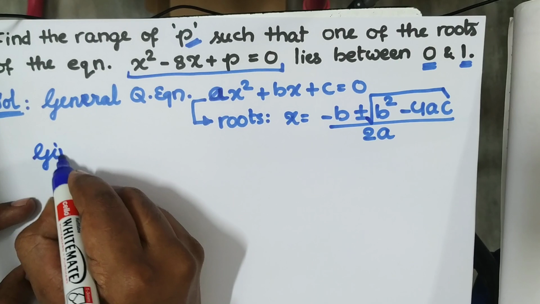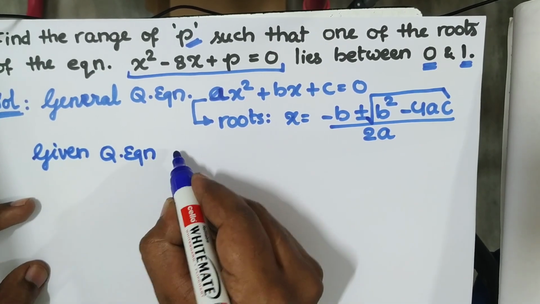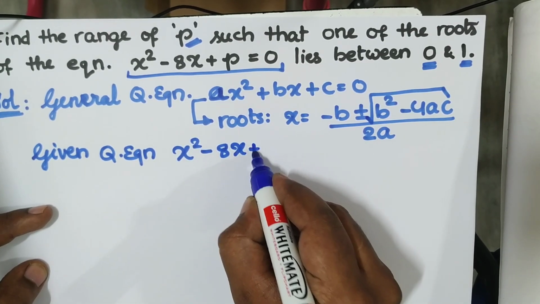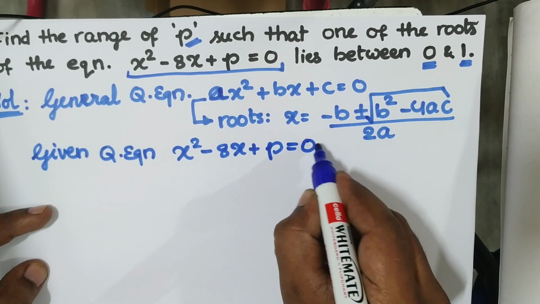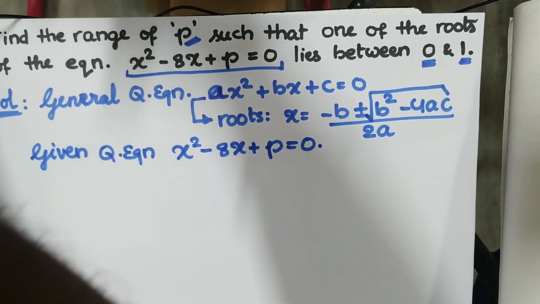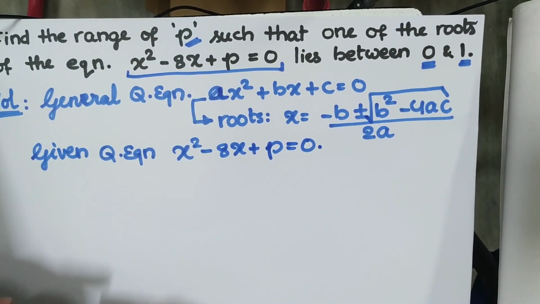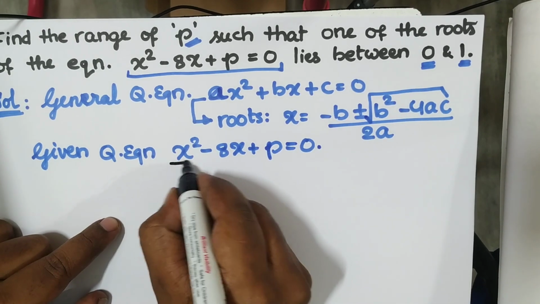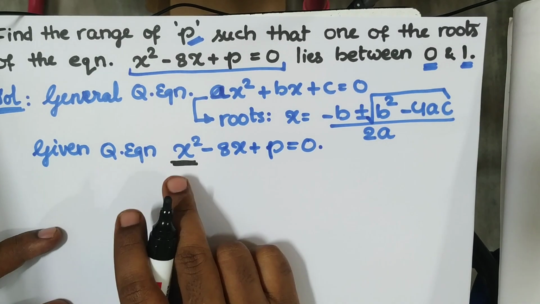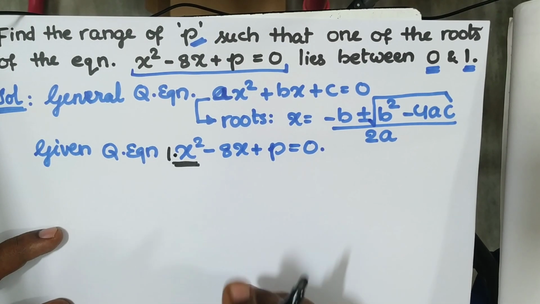So the given quadratic equation is x square minus 8x plus p equal to 0. See, a quadratic equation will have its prominence as long as this term is present. The quadratic equation is because of x square, so the coefficient is present.